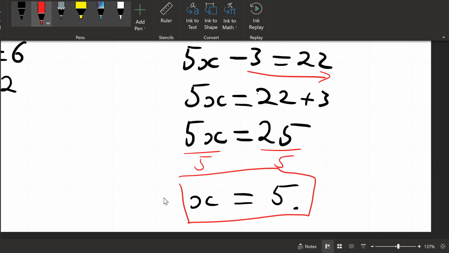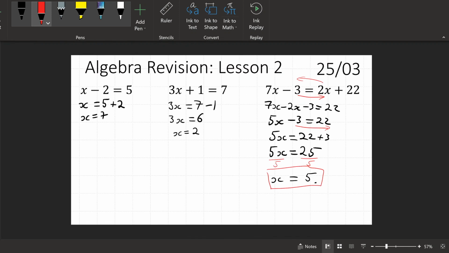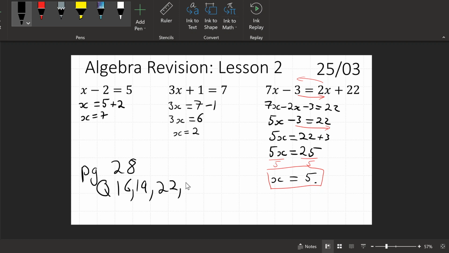Fantastic. Okay, girls, let's throw some homework up here. In your textbook, in Tests and Tests, on page 28, can you girls give a try at questions 16, 19, 22, and 25?